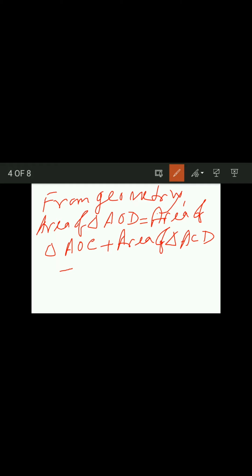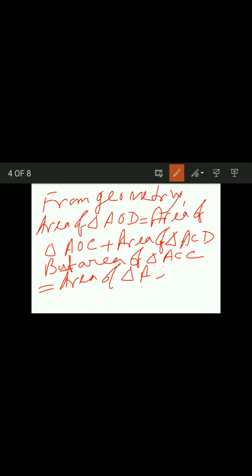But area of triangle ACD equals area of triangle ADB, that is equal to area of triangle AOB.